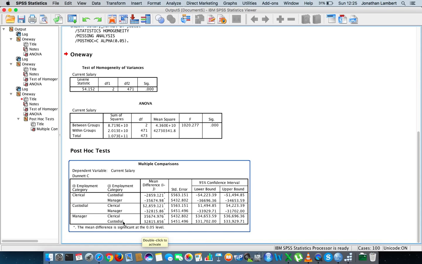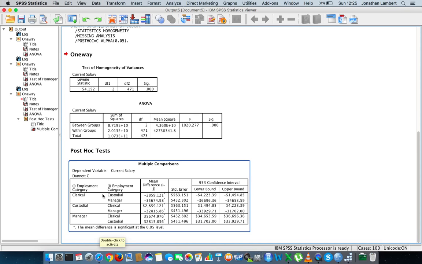Yeah, okay. And you can see here that we have stars on all of these differences. Okay, and what that's telling us is that if there's a star, it means that the mean difference is significant at the 0.05 level. In other words, there is a significant difference between clerical officers and custodials.